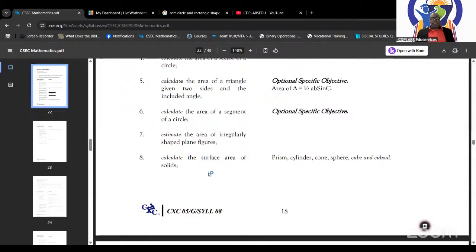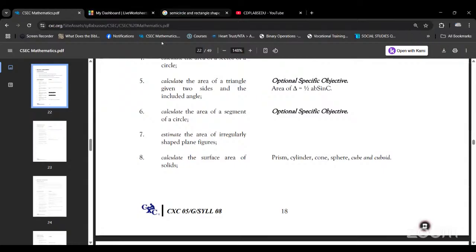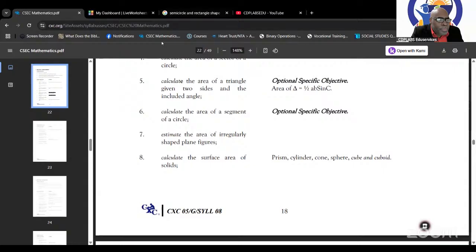Now, if you are given a prism to find the surface area of the prism, you know what a prism looks like? Yes, sir. Good. So if you are given a prism to find the surface area of it, how would you go about doing that? You say you know what it looks like, but tell me how will you go about doing it.